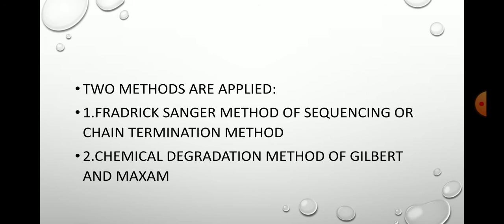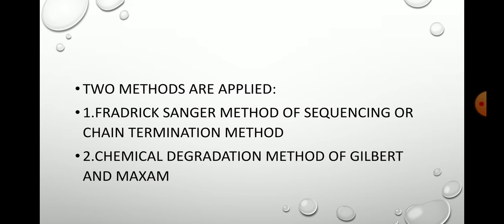The second thing required is primers. Primers are used to extend the single stranded DNA template because they act as a platform or guide. Primers are short oligonucleotide sequences, and these primers are added at the 3' OH group of the chain.